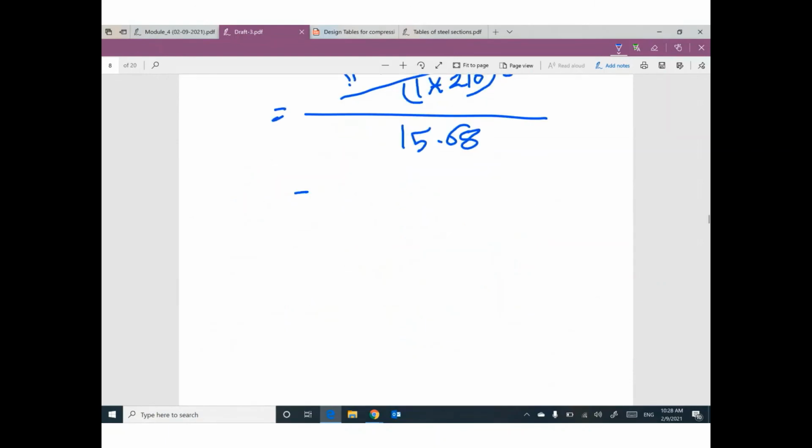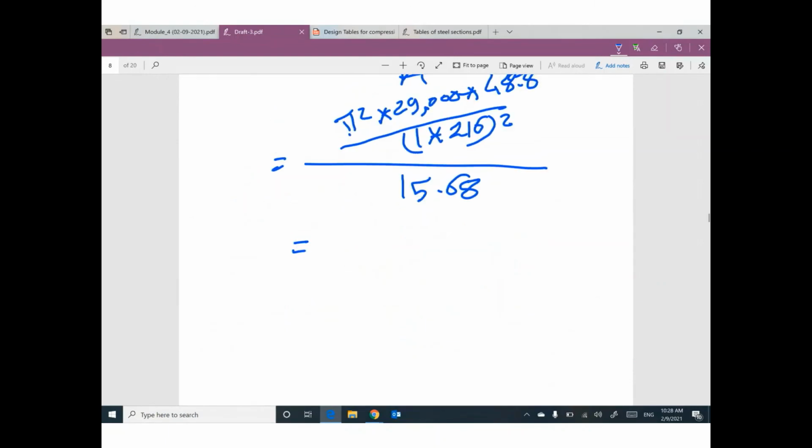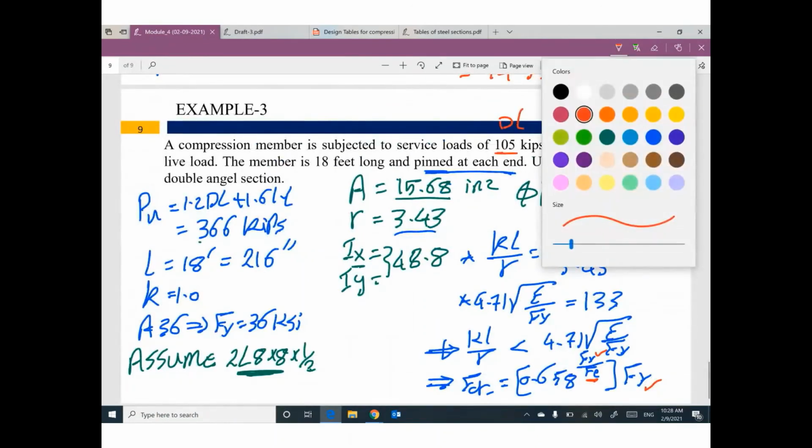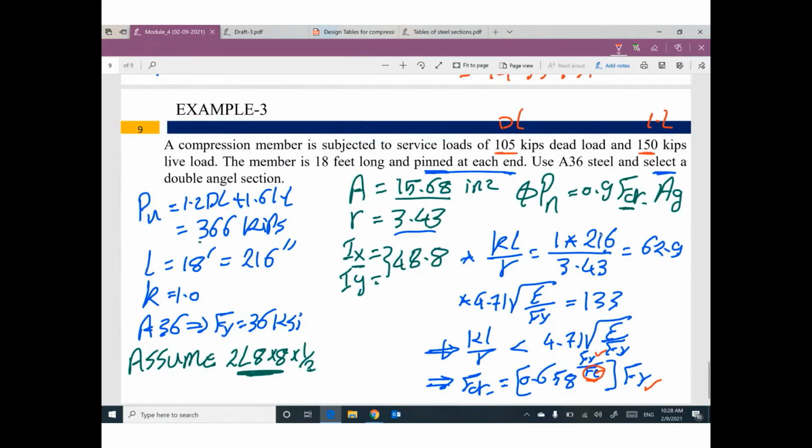So the final value for Fe will be 19.1 ksi. Okay, put the number here. This one is 19.1. This one is 36. So I can figure out the value of Fcr.